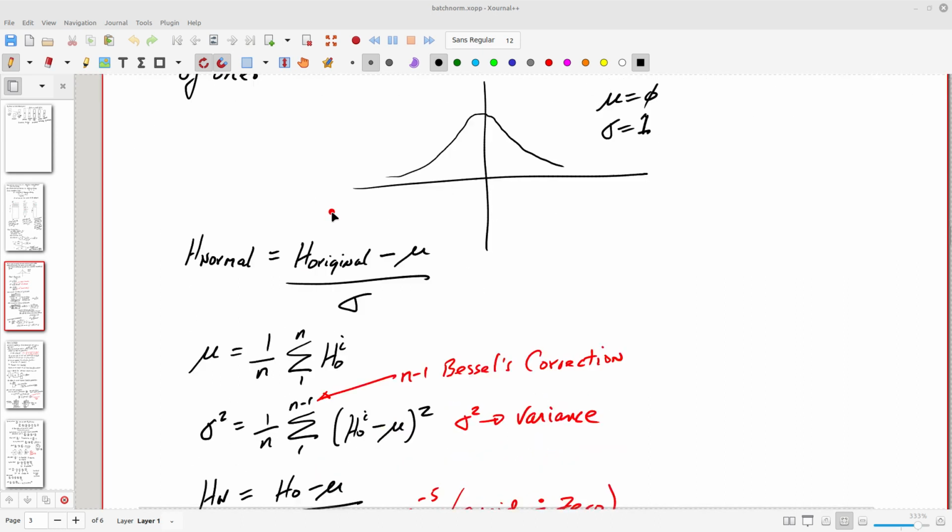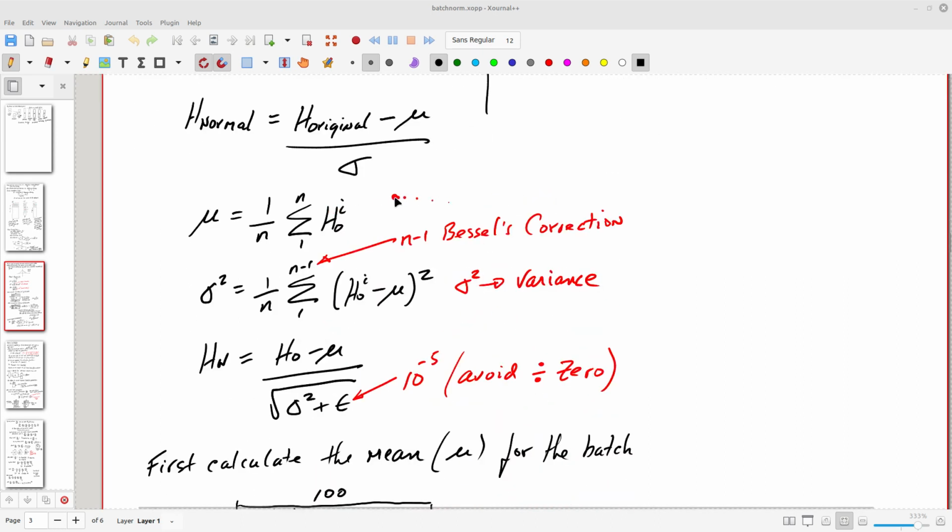So here are the formulas we're going to use. The normalization is the original minus the mean over the standard deviation. The mean formula is just a summation of all the HO elements.